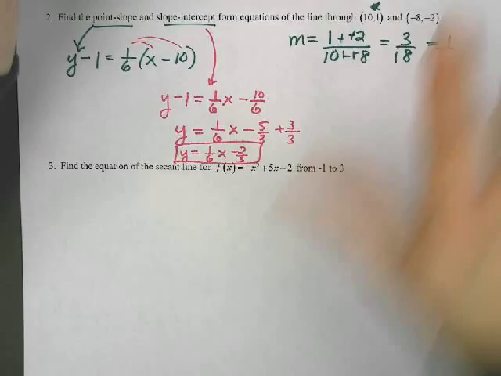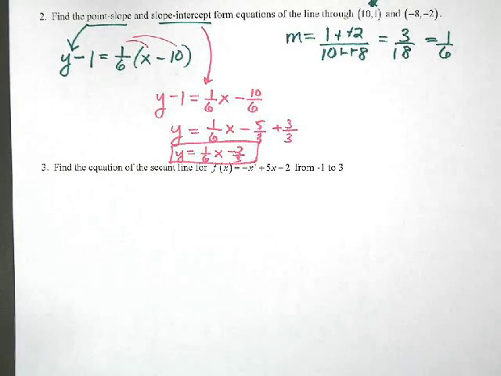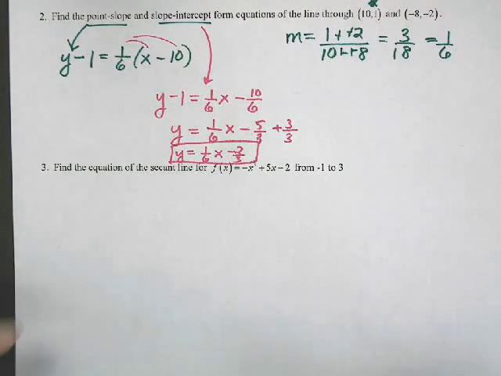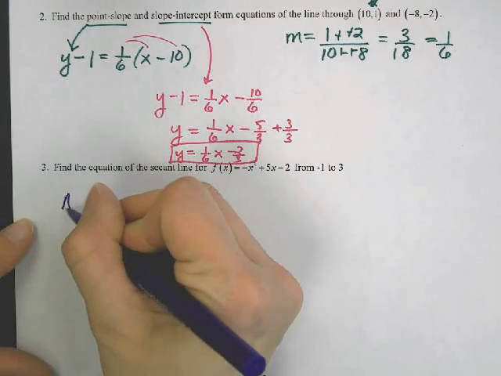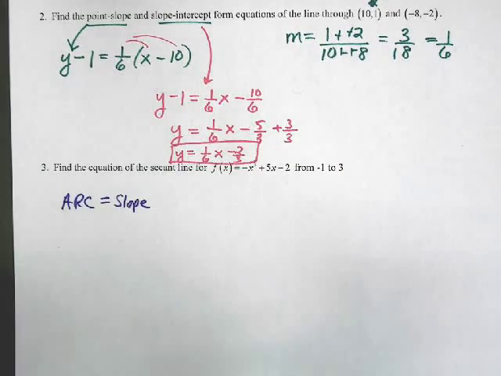Okay, another thing that we did this chapter was the equation of a secant line. So there's a couple of topics actually we're going to study here in this section. The first thing was average rate of change. Average rate of change is like slope, and to do slope you need 2 points.